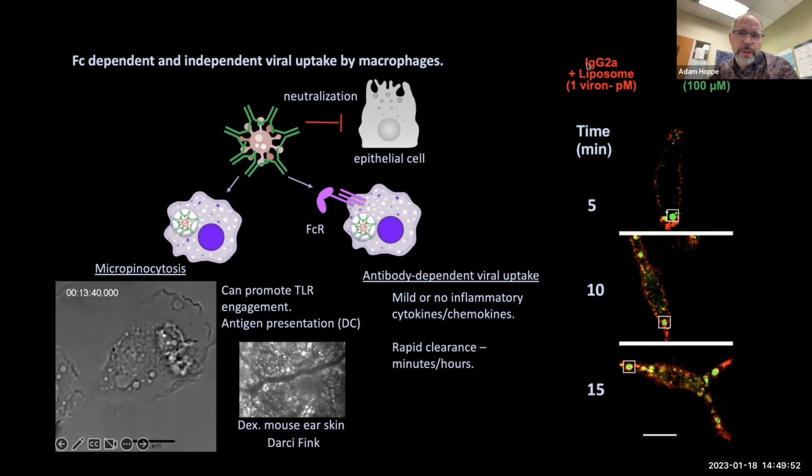And what I'm pointing to over here is an example in red of virion-like size particles. They're actually liposomes coated with an antibody, IgG2a, and very efficiently taken up into small endosomes. And I've also contrasted that against dextran, which is taken up by macropinocytosis.